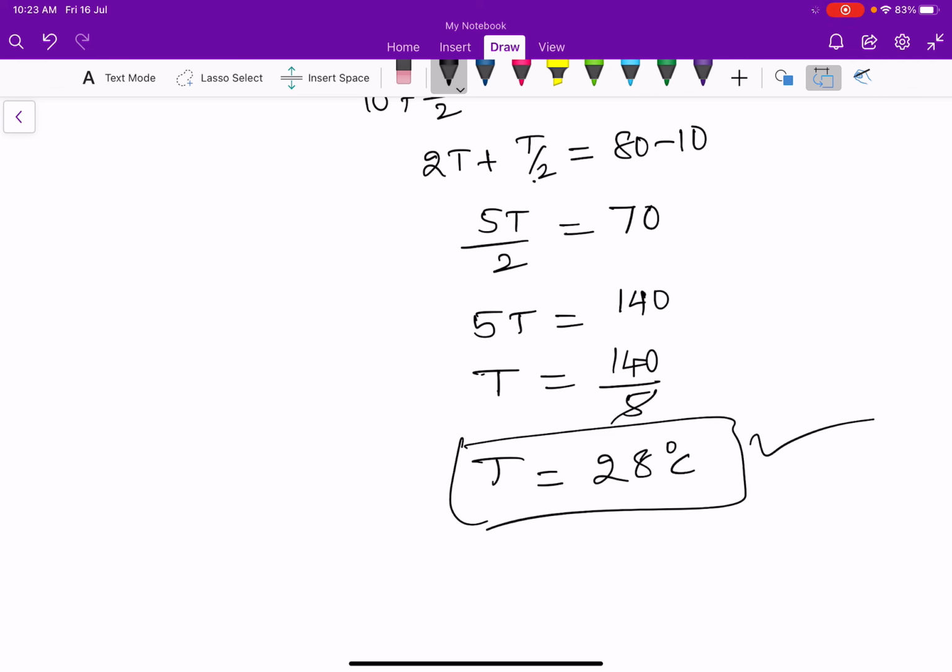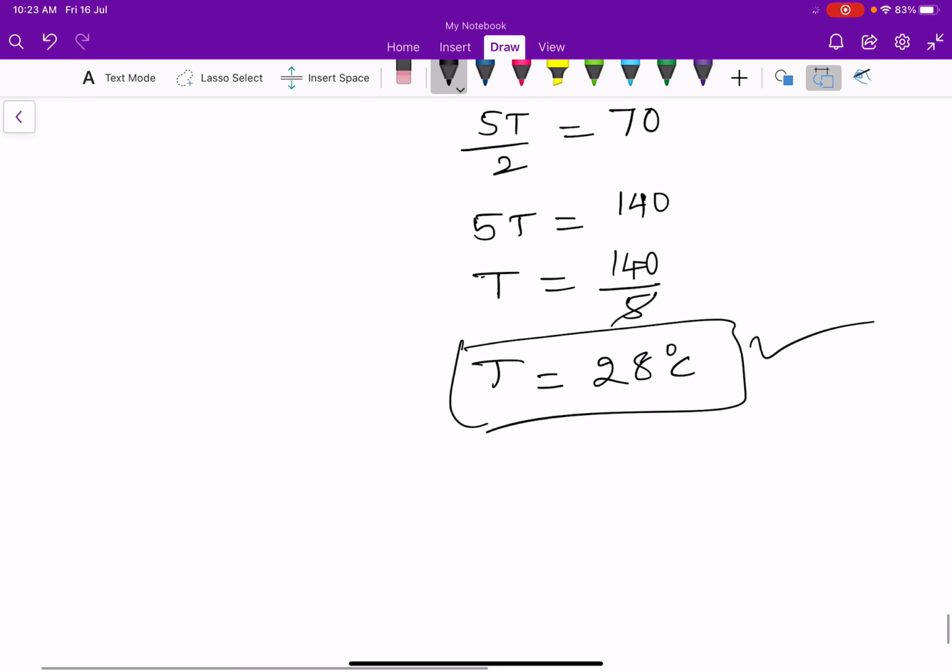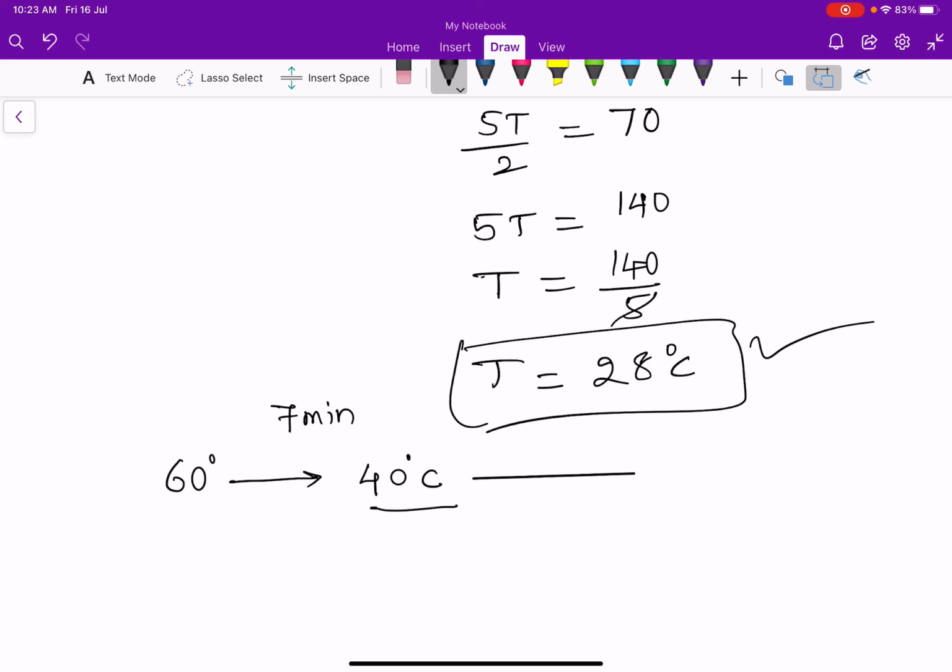See here, from this example, we can conclude that in the first 7 minutes, initially the body is at 60 degrees Celsius. The temperature falls from 60 degrees Celsius to 40 degrees Celsius in the first 7 minutes. And in the next 7 minutes, the temperature falls from 40 degrees Celsius to 28 degrees Celsius.